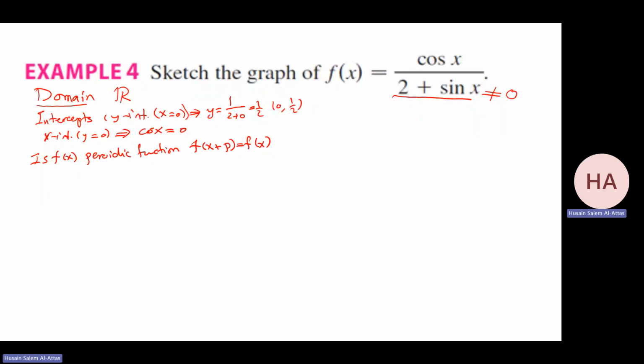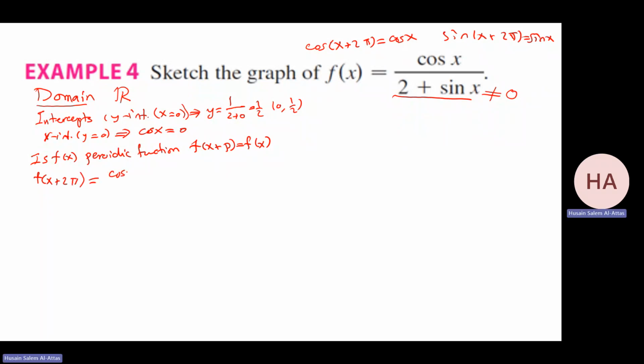I know cosine x plus 2 pi equals cosine x, and sine x plus 2 pi equals sine x. So we'll check f of x plus 2 pi.